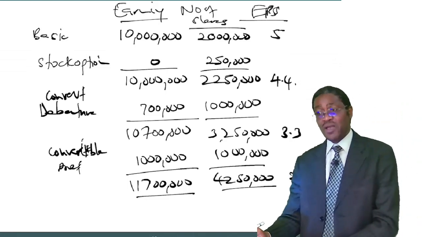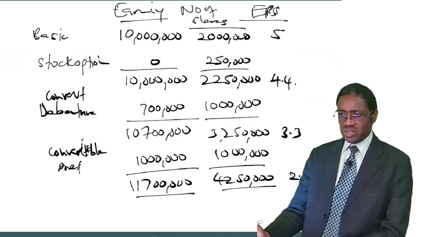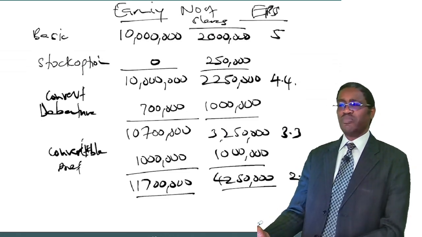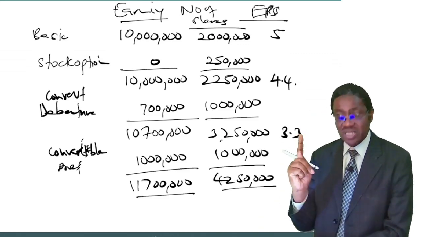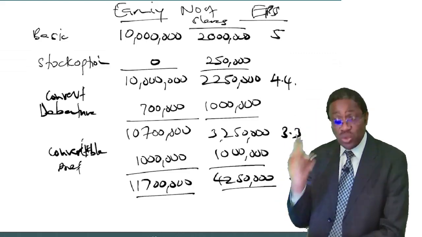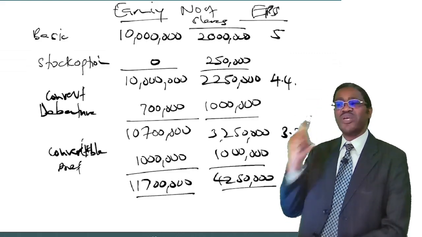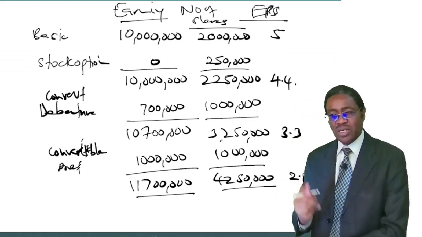Listen now. Once you compute those earnings per share, you now choose the lowest of all of them to represent your diluted earnings per share.